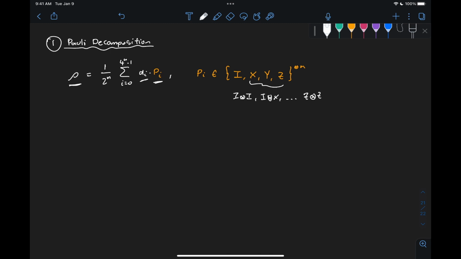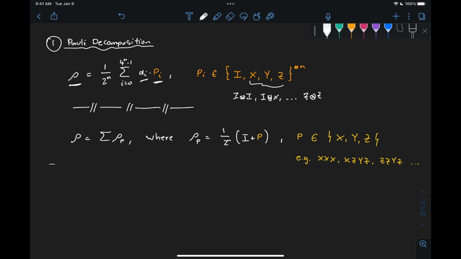Now in this particular problem, we're given this same expression but using a slightly different notation. So we're told that any density matrix rho can be expressed as the sum of these rho sub p's. These rho sub p's are basically Pauli matrices expressed in this form. So it's very similar to what we have above, but here we're expressing it with this 1 over 2 to the n times the identity matrix plus this p, where this p is just the set of X, Y, and Z. So it is the same idea.